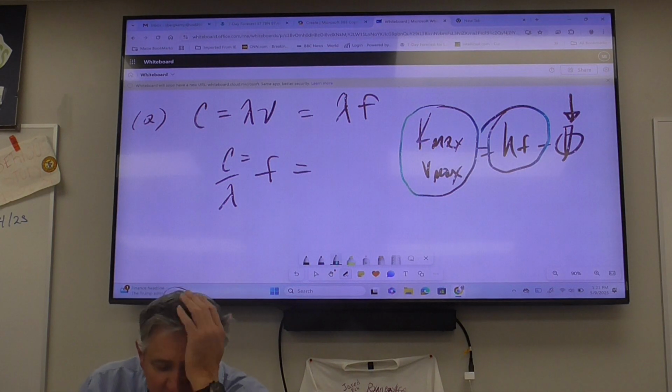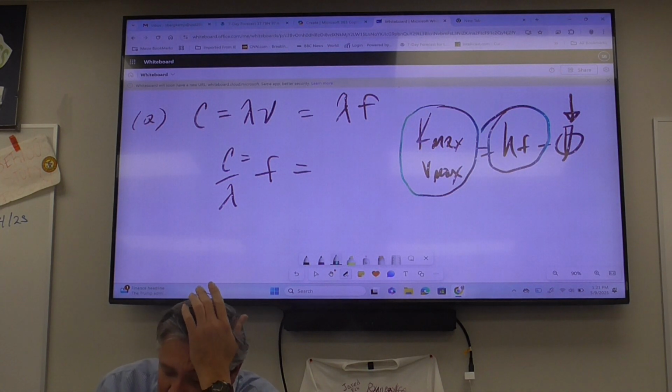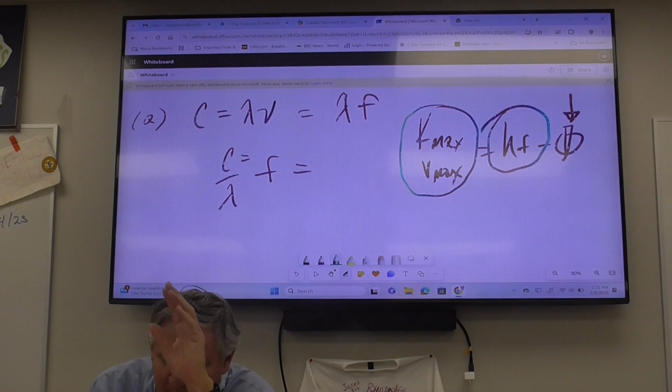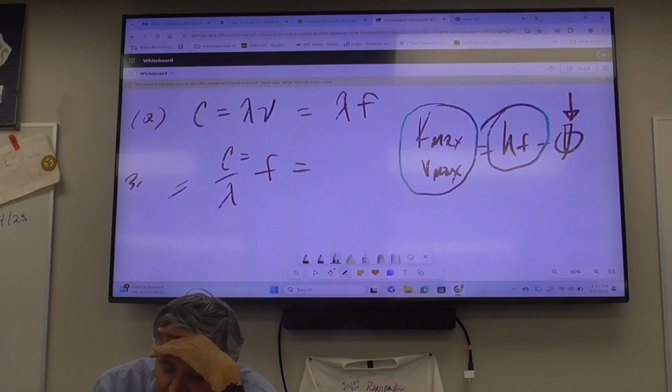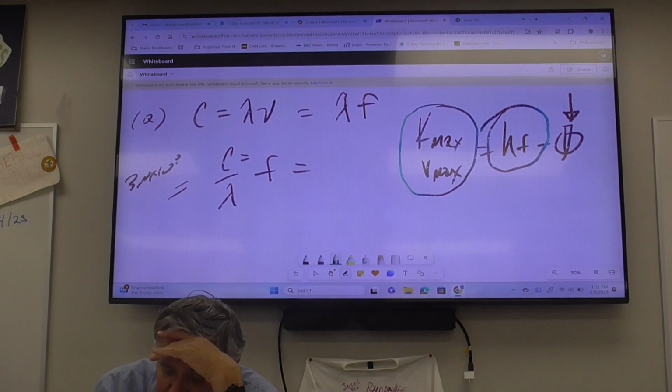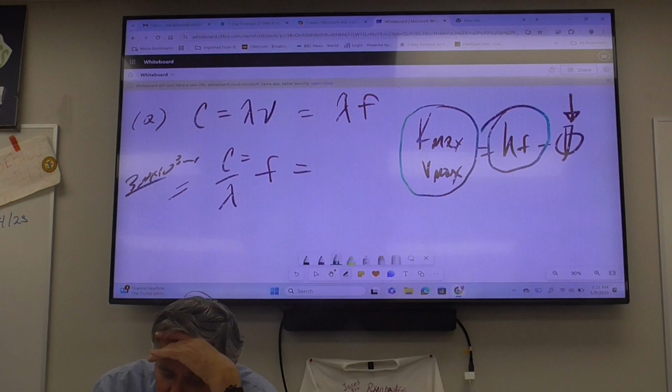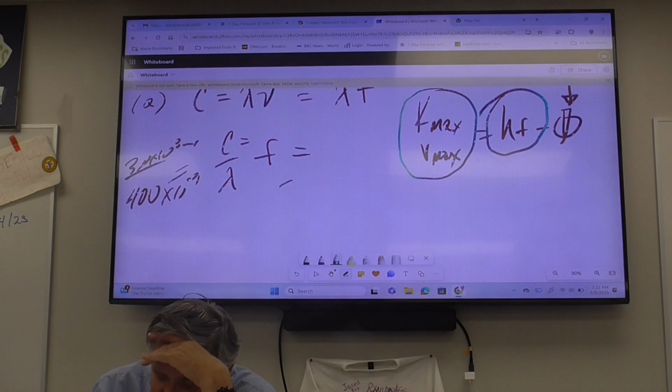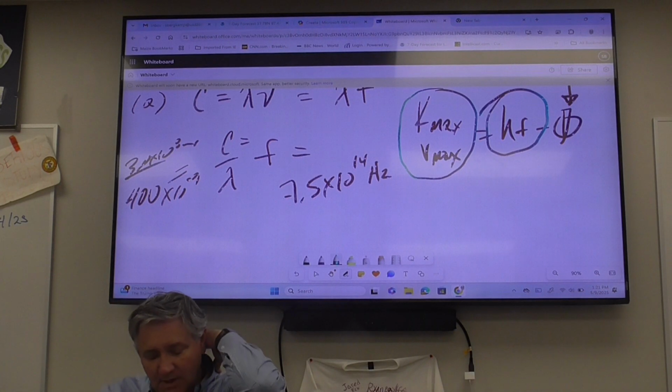So, hopefully A gives you no problem at all. It's just the speed of light. The only thing you have to watch is that the wavelength is in nanometers and the speed of light is in meters per second. Nanometers are simple because it's just 400 times 10 to the negative 9 meters, and then you get a frequency of 7.5 times 10 to the 14 hertz. Okay, cool.